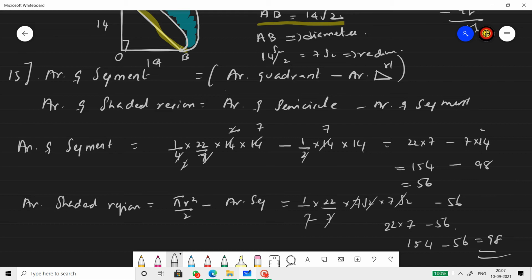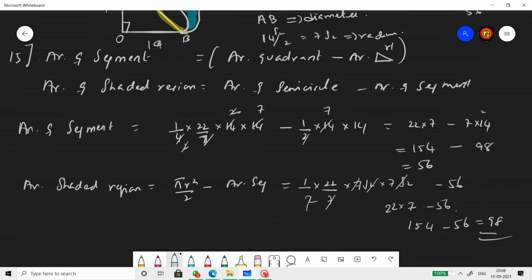And area of the triangle, being a right angle triangle, is half into base into height. With that, we find the area of the segment as 56. Area of the shaded region is area of the semicircle minus area of the segment. Semicircle is pi r square by 2. R, we found it as 7 root 2. So apply that, minus the segment, which is 56. This way we find the area of the shaded region, which is 90.